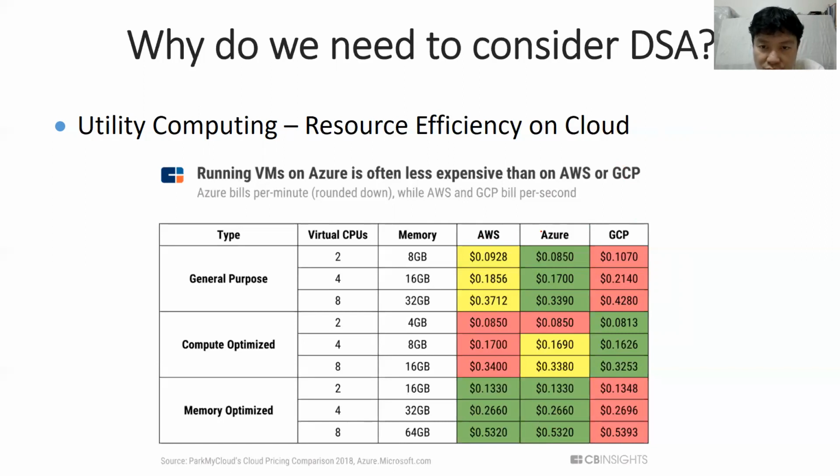This is the price if you're using Microsoft Azure, and this is the price if you use GCP, the Google Cloud Platform. You can see the Azure bills per minute, while Amazon and Google Cloud bill per second.